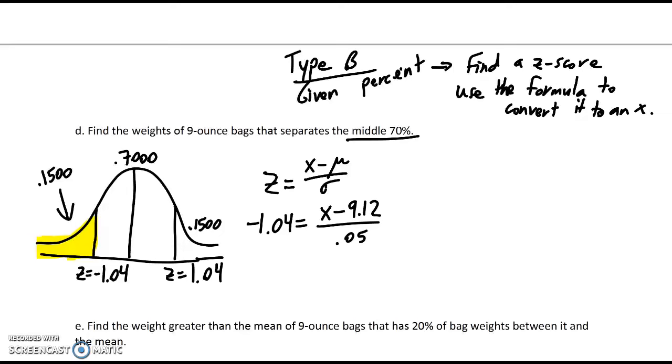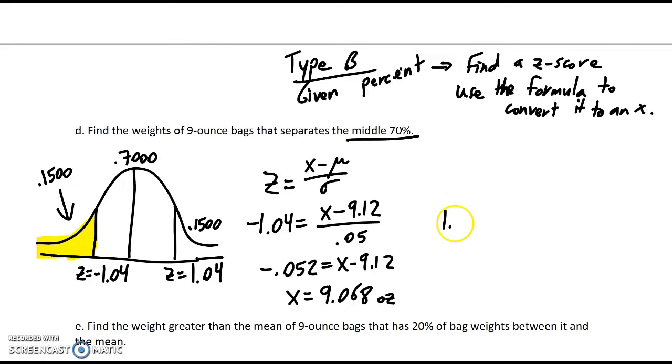Little algebra here, you just take negative 1.04 times 0.05, which if you do, you get negative 0.052, and that equals x minus 9.12. And now you add 9.12 to that, and you get a lower value of 9.068 ounces. Okay, that's the lower end.